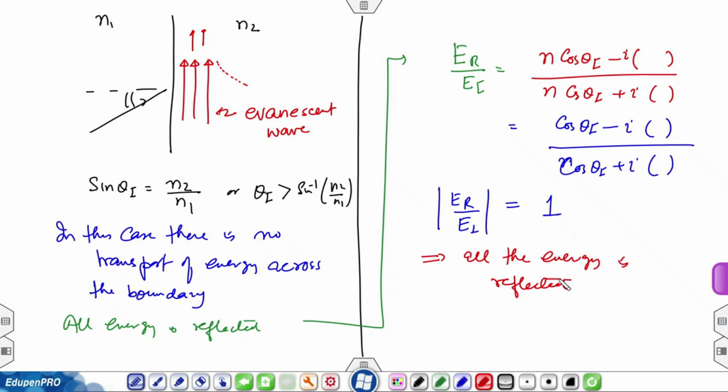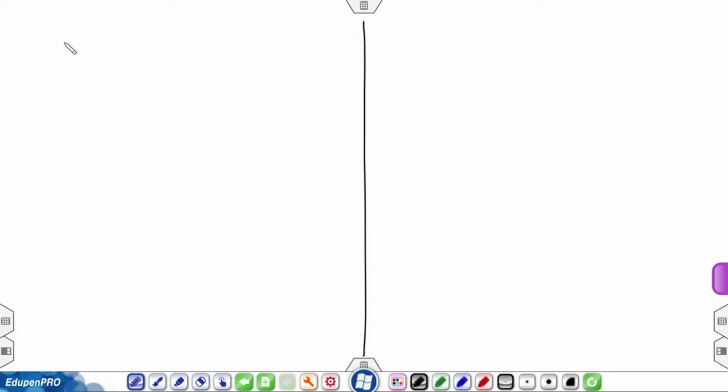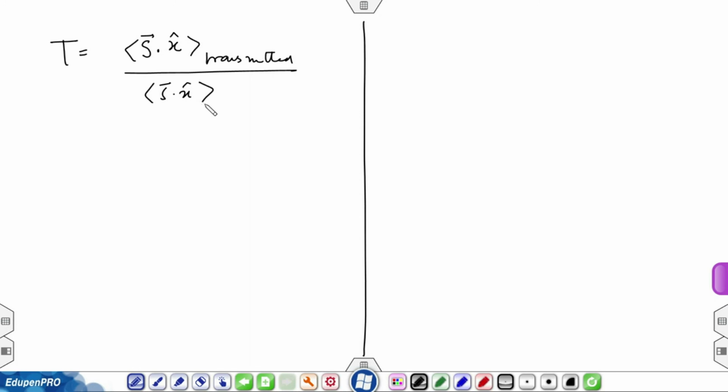You can also see it through the transmission coefficient. The transmission coefficient is nothing but S dot x transmitted divided by S dot x incident. Now, in this case, the k transmitted is nothing but I k x plus k y.